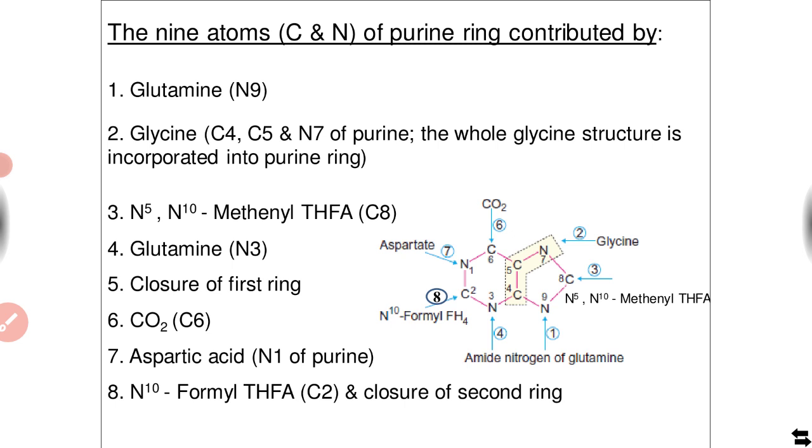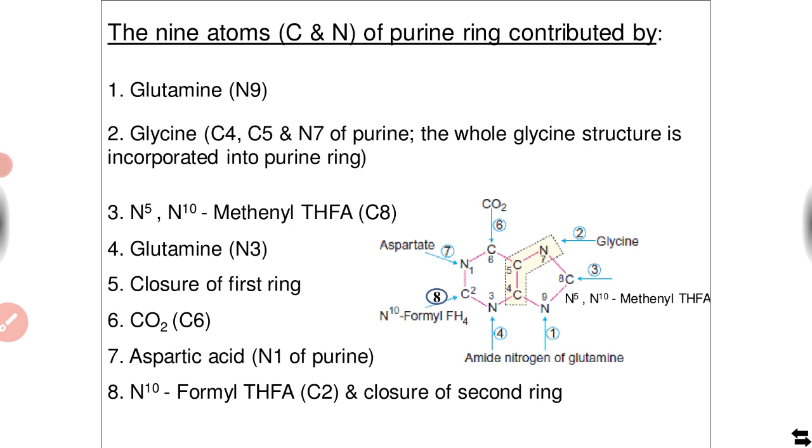So in step 4, N3 is formed from the amino nitrogen of glutamine. In step 5, the ring closure of the imidazole ring happens. And in step 6, carbon is added to C5 from carbon dioxide.